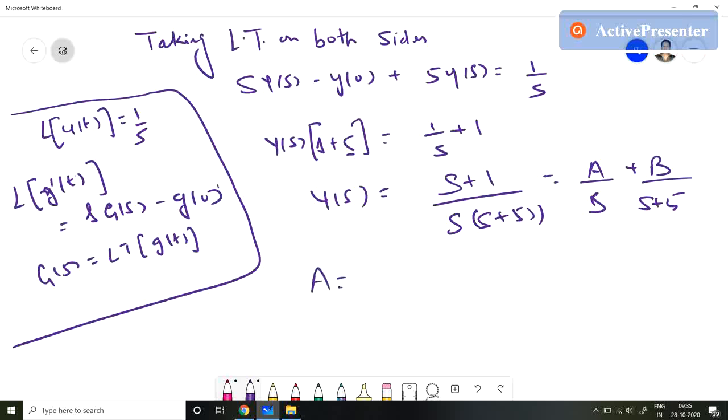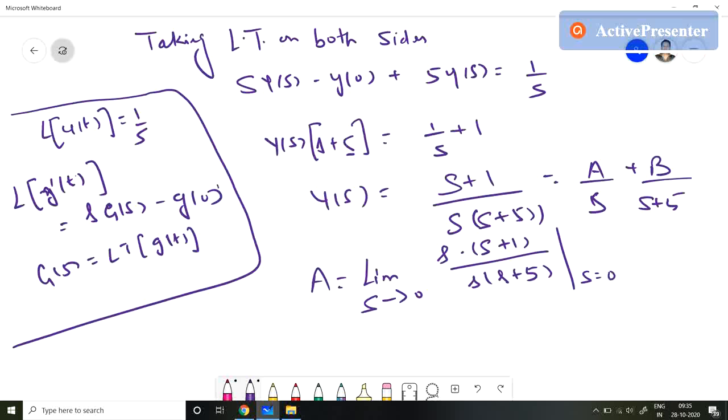So A is written as the limit s tends to 0 of s into Y(s), whatever we are getting, we will put s equal to 0.